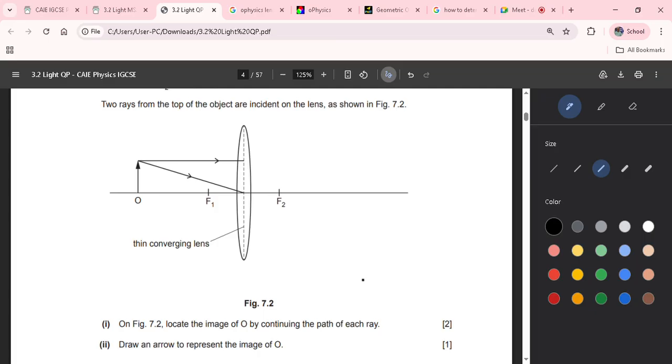Okay, the first one, let's say this one is the first ray and this is the second ray. The first ray will be like this. It will be refracted, right? It will be refracted towards the focal point, like this, in this direction.